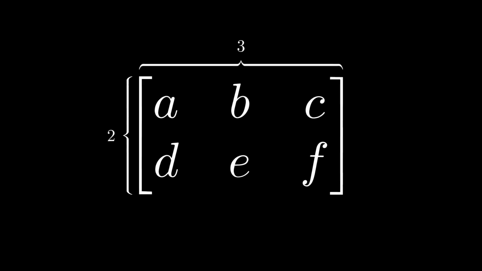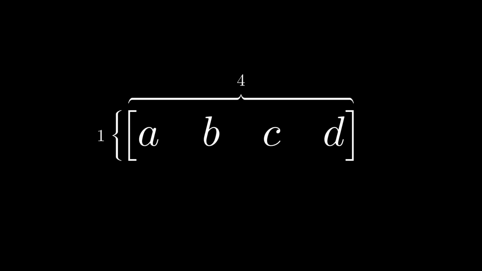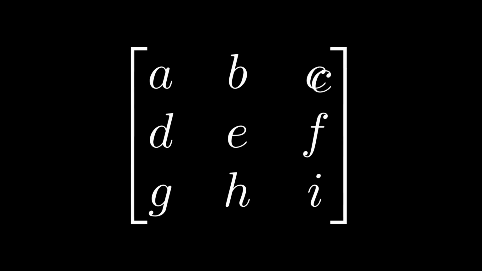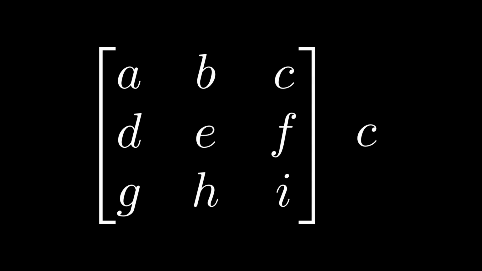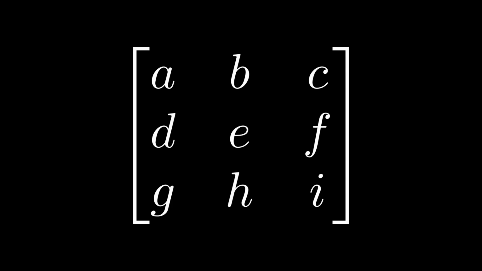A matrix can be many different sizes: 2 by 3, 5 by 1, 1 by 4, 3 by 3, etc. To access any given element of a matrix, you'll often see this notation with a lowercase variable and an ij, where i represents the row and j represents the column. A matrix where m equals n, like this 3 by 3, is called a square matrix.